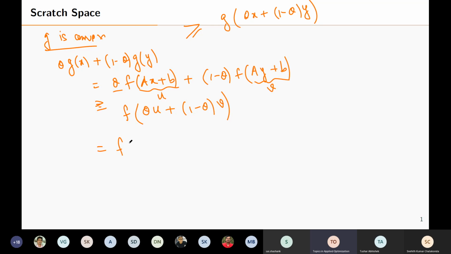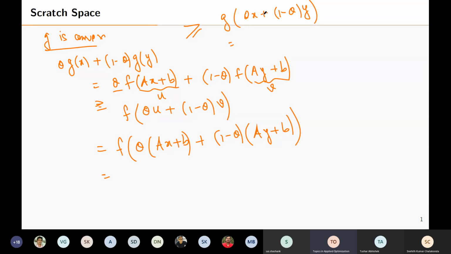So what is this? With theta, u is Ax plus b, plus 1 minus theta, v is Ay plus b. So what is this? What are we trying to get here?